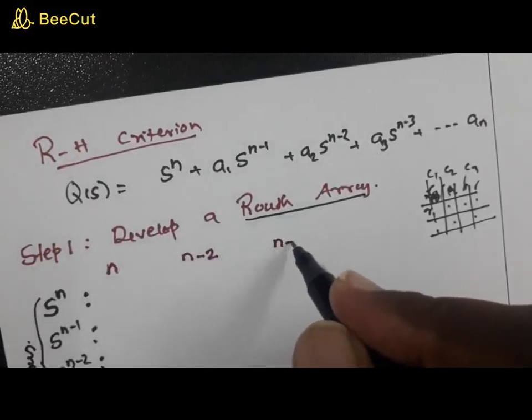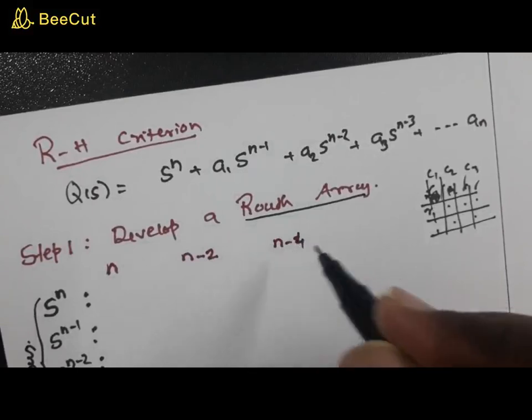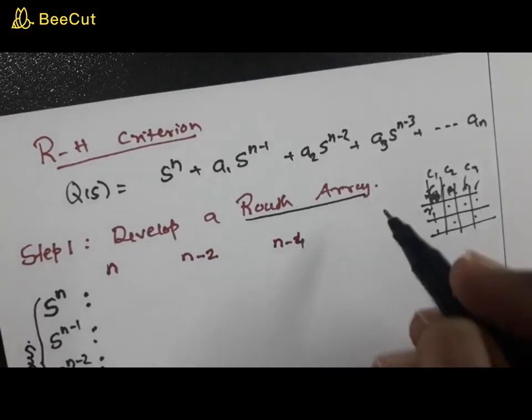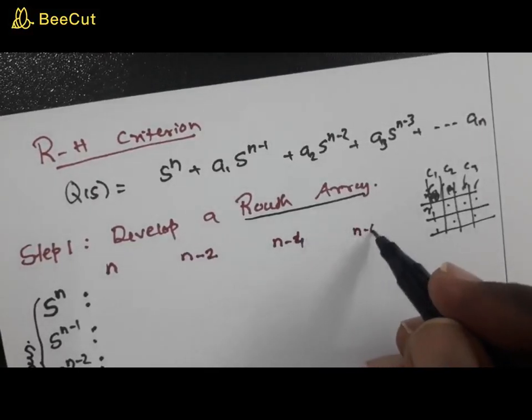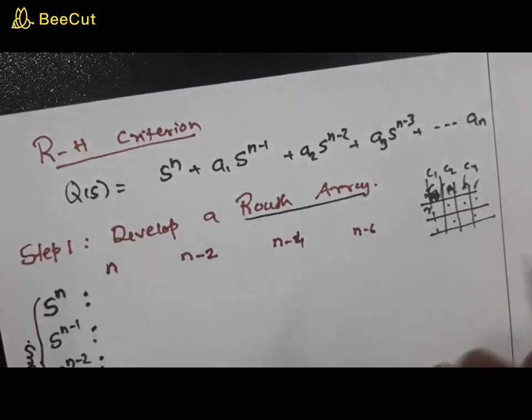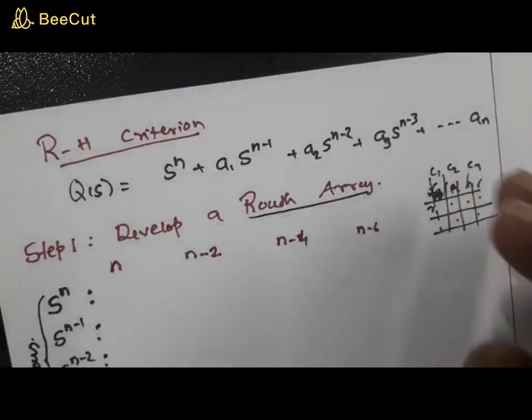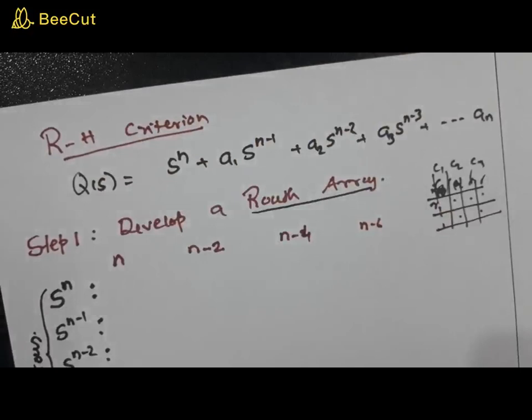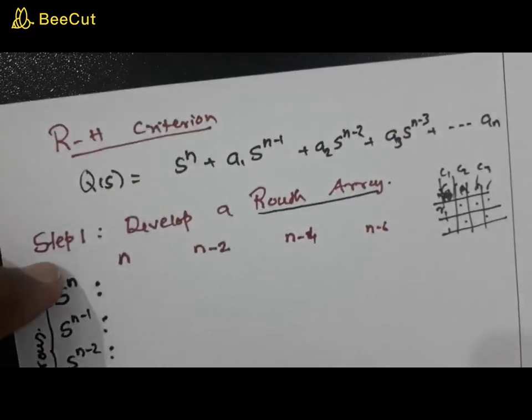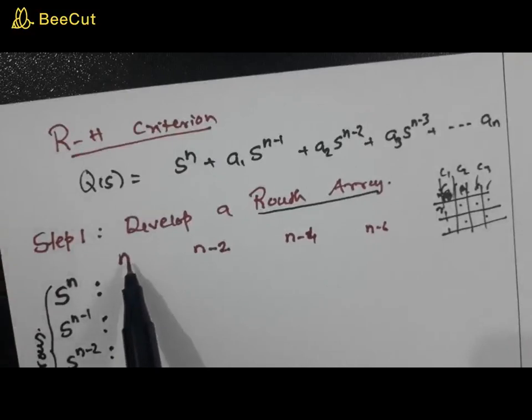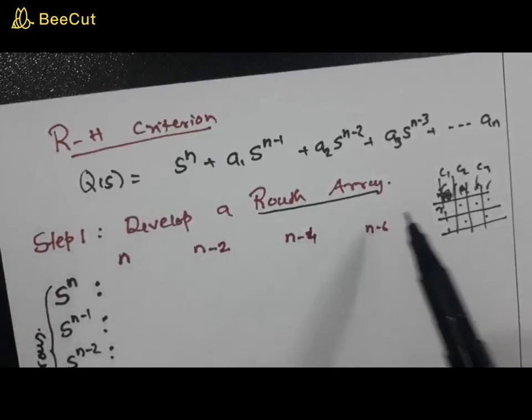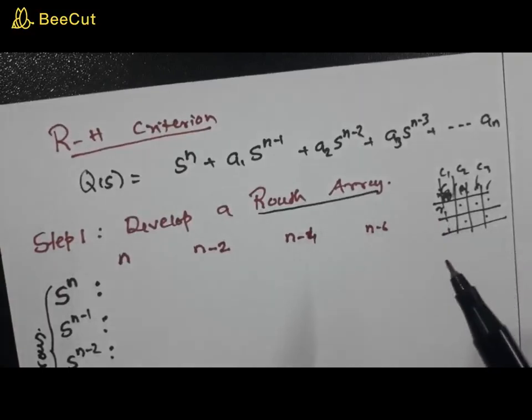In the third column you put the coefficient of n minus 4, n minus 6, and it goes on. It depends on how many terms the polynomial has, so there is no limit for this. Once n is fixed, the rows are fixed. So the columns are n, n minus 2, n minus 4, n minus 6, and so on.